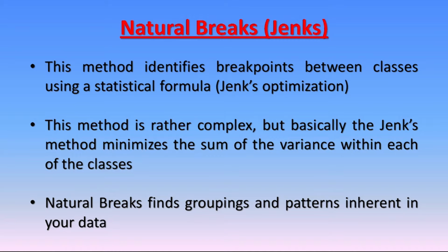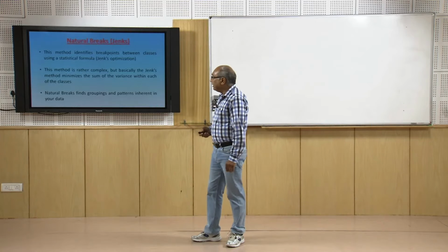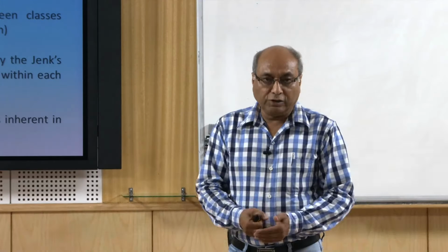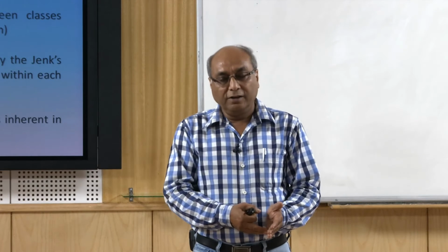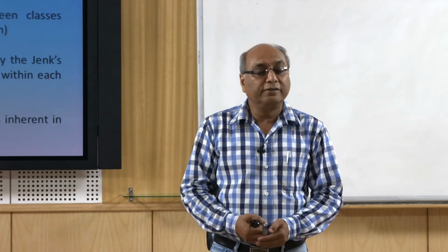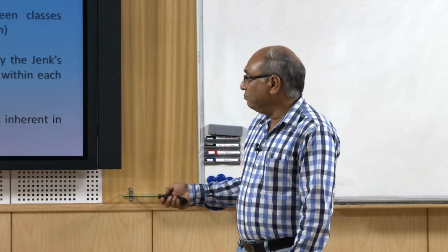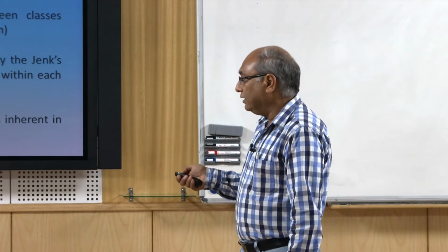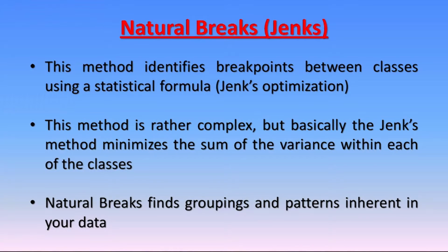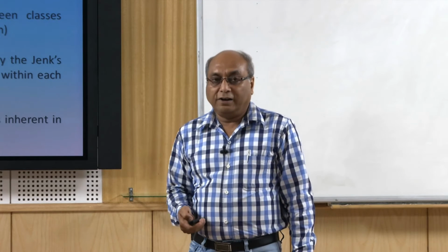Natural breaks finds groupings and patterns inherent to your data. This concept is not only in GIS but also exists in the grading of marks of students. Exactly in the same way, natural groupings are found using natural breaks, and then different grades are assigned to different groups.